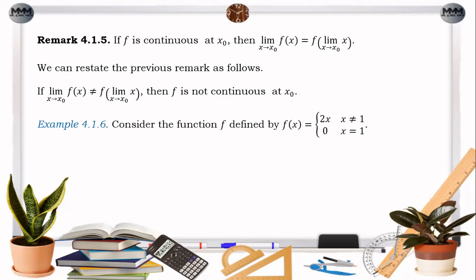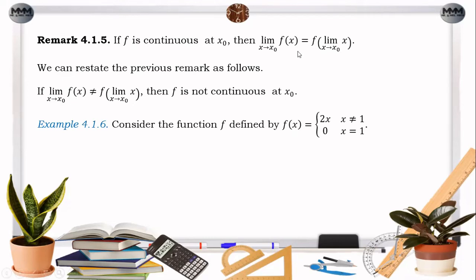Let's consider here an example. Actually, this is our previous example, first example. So we have here the function f defined by this. So we will be showing this remark to show that the function is continuous or not.